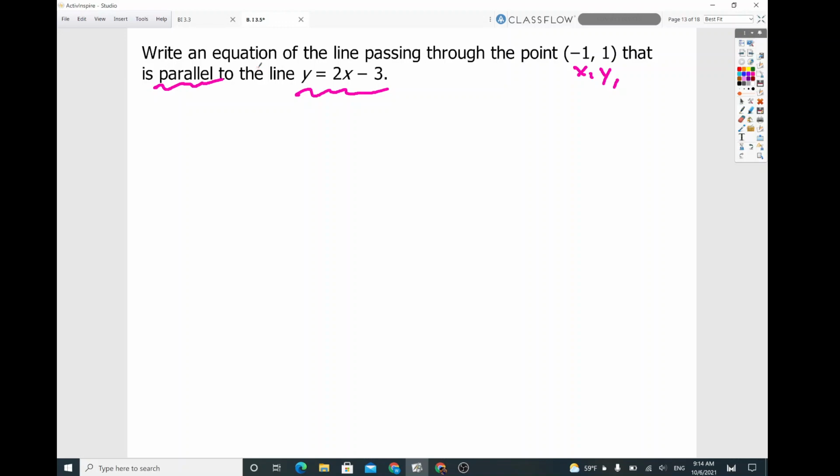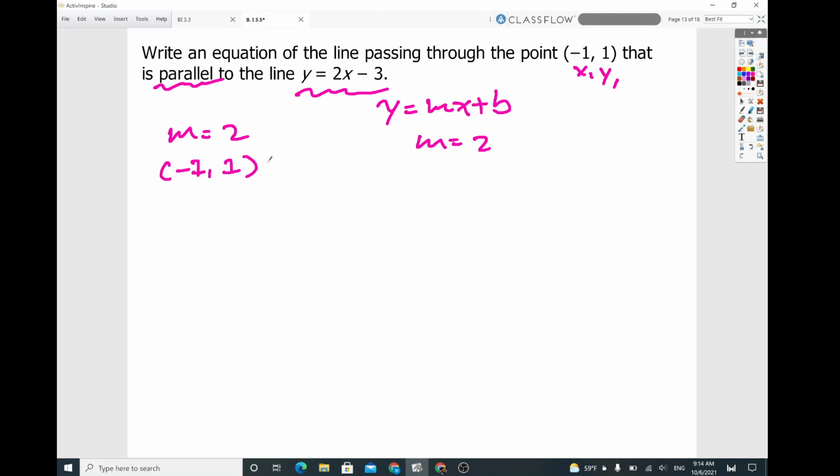If two lines are parallel, the slope has to be exactly the same. Using slope-intercept form, from algebra 1, the slope for this line is 2. So the slope of the parallel line is the same, so we're going to use 2, and the point that we already have, negative 1, comma 1.